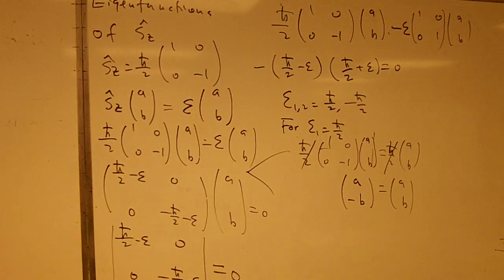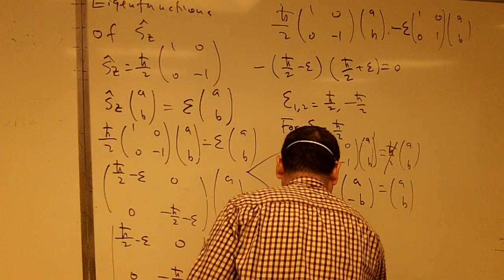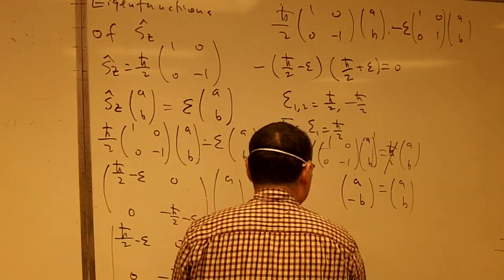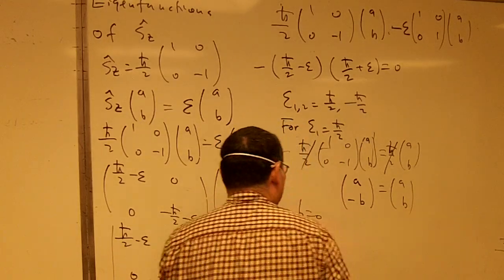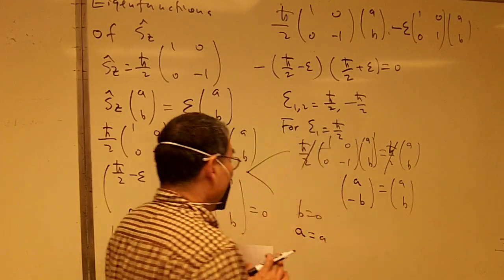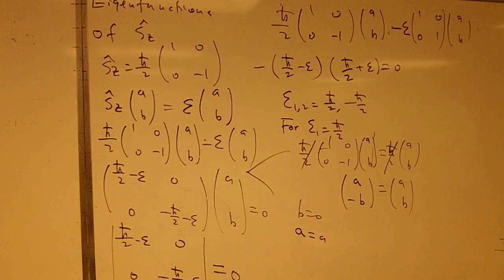So you see B has to be 0, right? B has to be 0, because positive B equals negative B. So B must be equal to 0. So A equals A. So far, we have not determined how large A is.